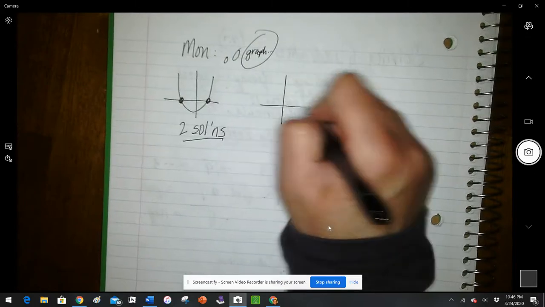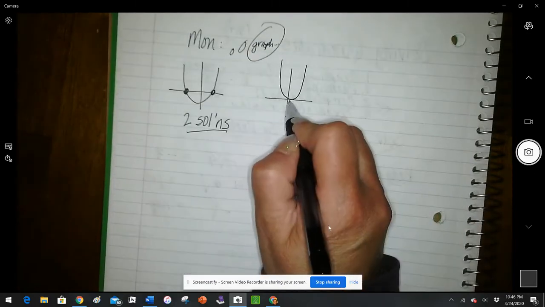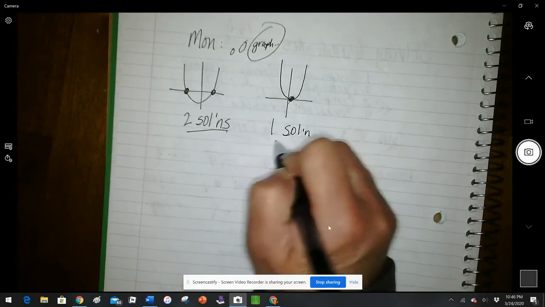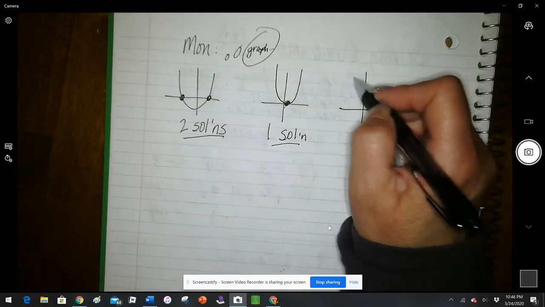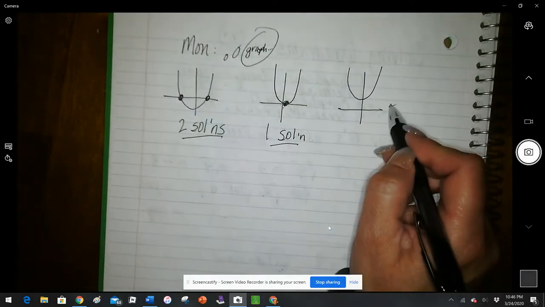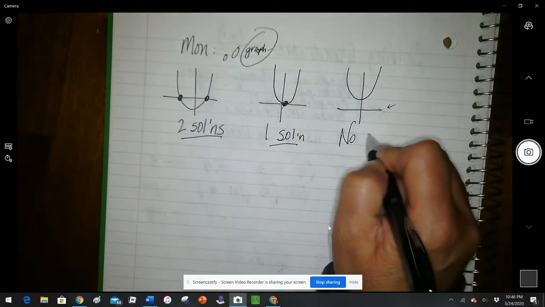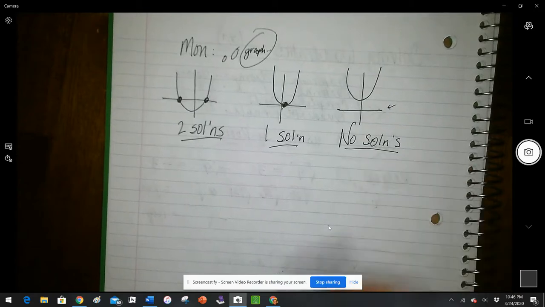If your quadratic equation came down and just touched the axis 1 time, then you had 1 solution, okay? Or if your quadratic equation did not touch the x-axis at all, then you had no solutions, okay?